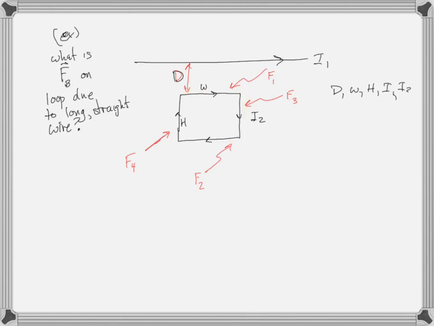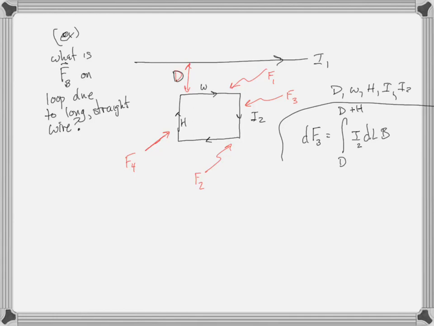And so in order to find the force on 3, we would have to do the integral. Side 3 is the right side. Don't be confused, it has a current I2 in it. We could find that, but it's an integral.